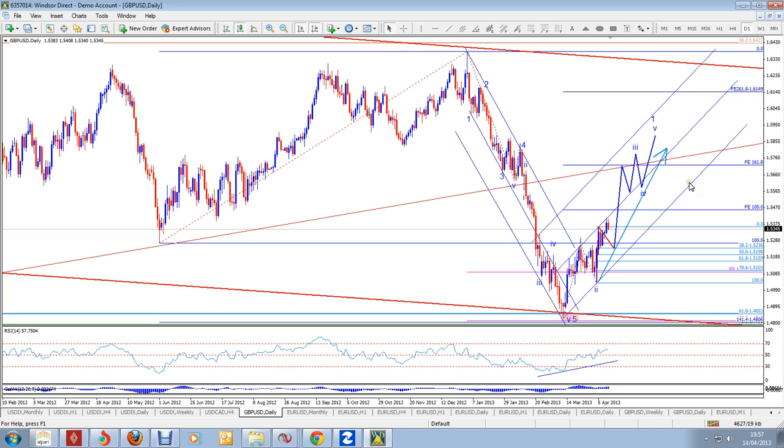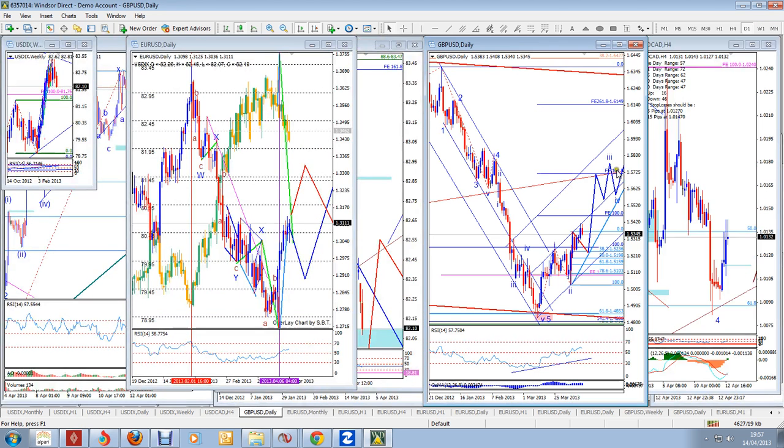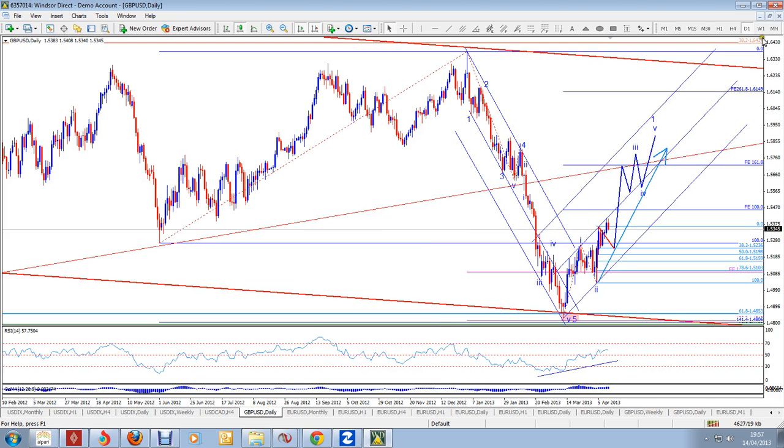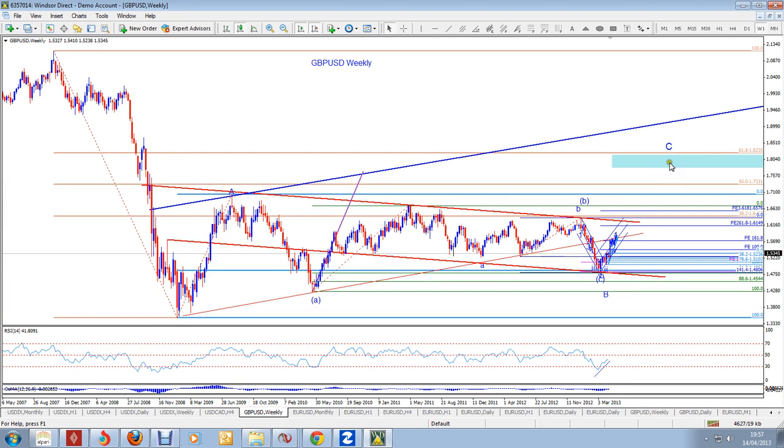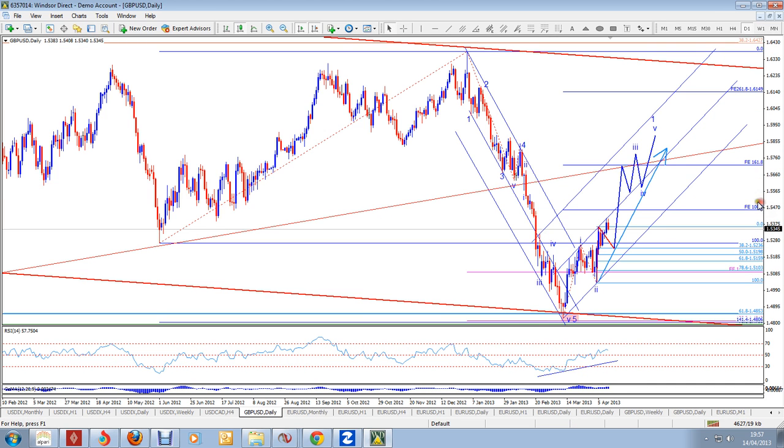Then we get wave 2, wave 3, wave 4 and wave 5, like that. So in that sense we will finish up with an overall target moving to here. It will take several months to get there, but I think we are looking for pound dollar to be in a new impulsive leg, just like looking for the dollar index to be in a new impulsive leg to the downside.